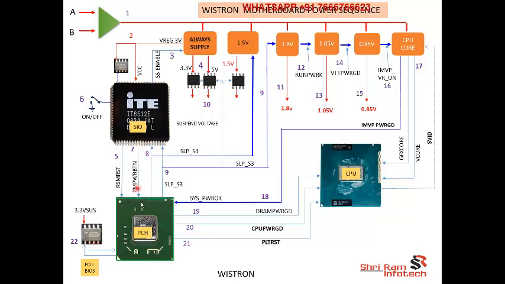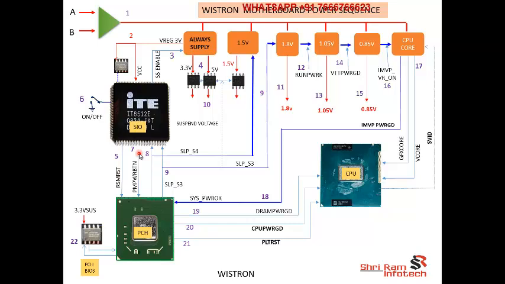Once SIO sends this PM power button signal to the PCH, the PCH responds and sends out two signals, that are called SLP S3 and SLP S4. But after that, the entire concept is different. SLP S3, SLP S4 are given to the SIO as confirmation to turn on the laptop. But here SIO has no role in turning on the motherboard.